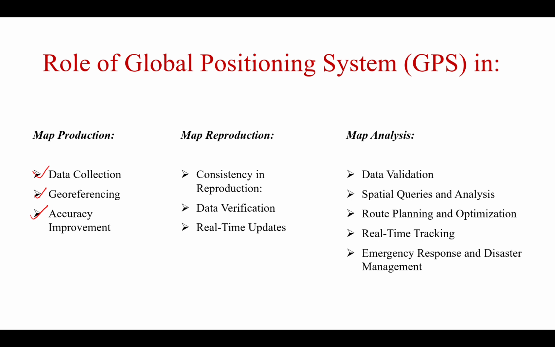Then we have map reproduction. We have consistency in reproduction. That means whatever data I get using GPS, I will get the same data every time that I ask for the data. For example, if I ask for the position of, say, Taj Mahal, if I say give me the coordinates of Taj Mahal in 2020, it's going to give me the same coordinates.